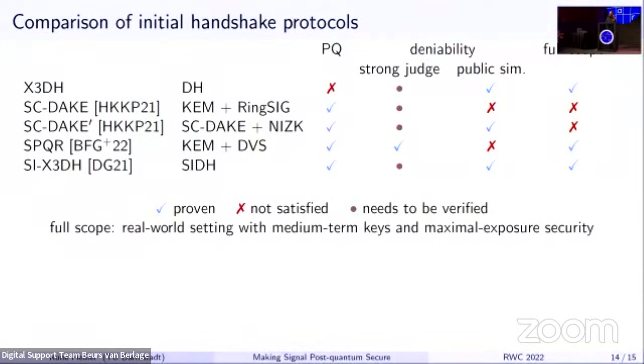Let me also point out that the protocols by Hashimoto et al. as well as ours are generic constructions. So you can plug in a CAM and DVS or ring signature based on whichever hardness assumption you want, while X3DH and supersingular isogeny X3DH are fixed to one problem, which we assume to be hard.